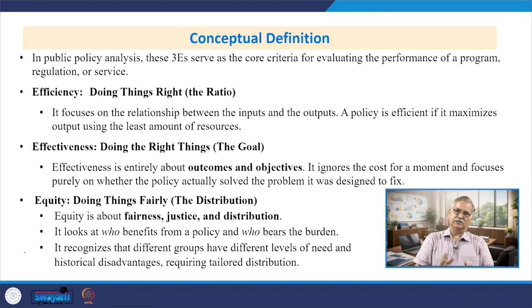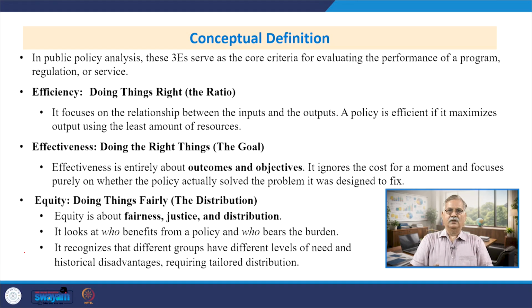There may be a possibility that resources are optimally utilized, but the policy is not able to achieve the intended goals for which it was made. So effectiveness is entirely about the outcome and objective of the policy. It ignores the cost element and focuses purely on whether the policy actually solves the problem it was meant to fix.